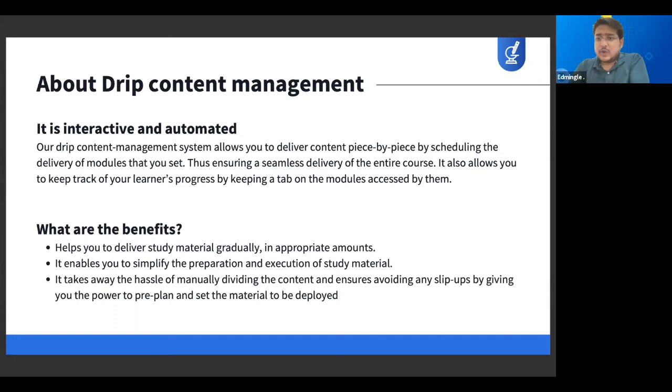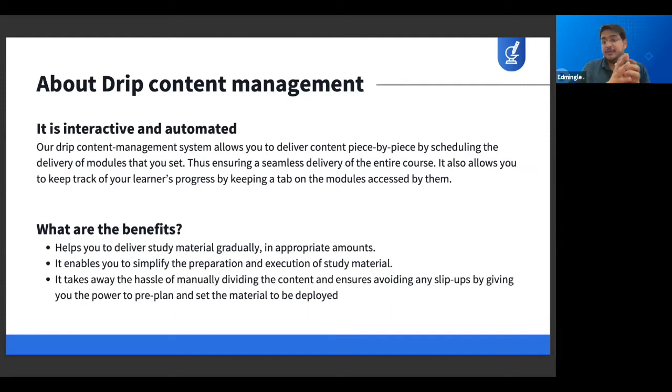So what are the immediate benefits you're going to get out of it? It helps you deliver the study material gradually in appropriate amounts. Second, it enables you to simplify the preparation and execution of study material. It takes away the hassle of manually dividing the content.